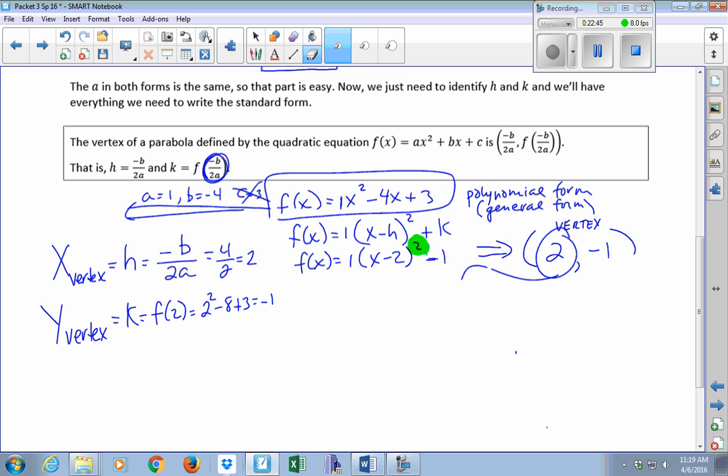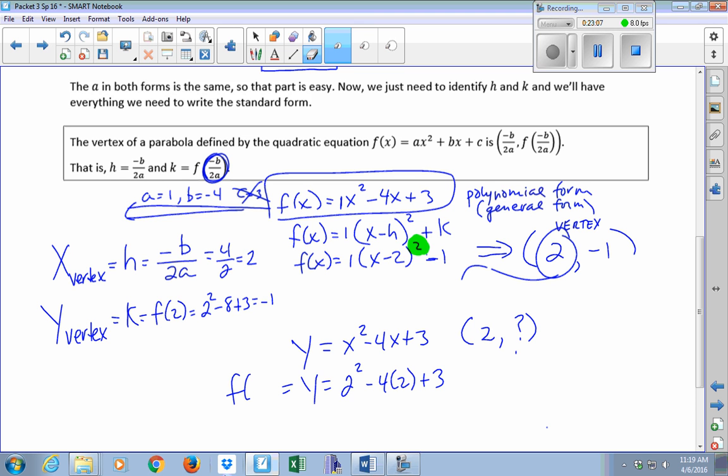So if I take this equation right here and make it look more familiar like this to you, and I come along and tell you that x is 2, and I want to find the y value, I just put 2 in for x. And remember, y is f of 2. I'm finding the partner for 2 by plugging it back into the function. Okay?